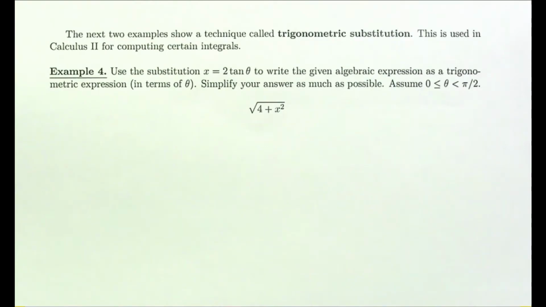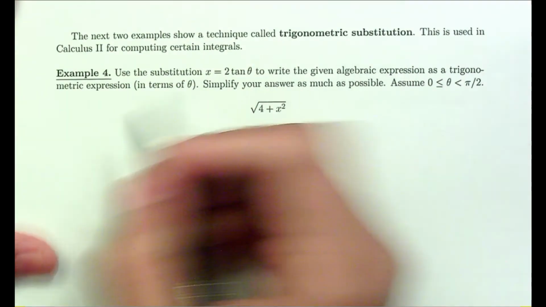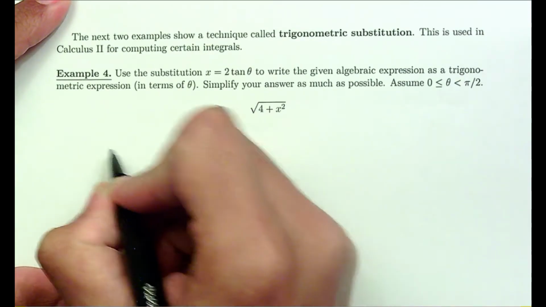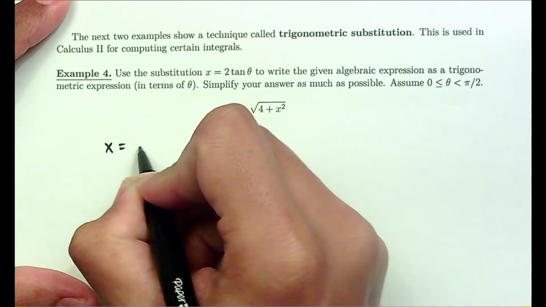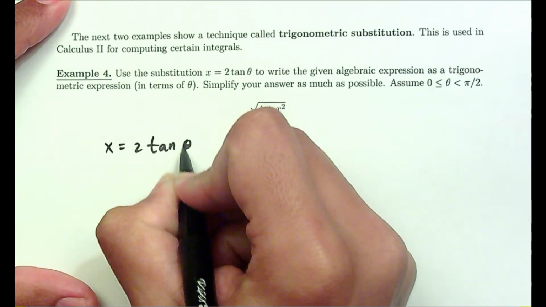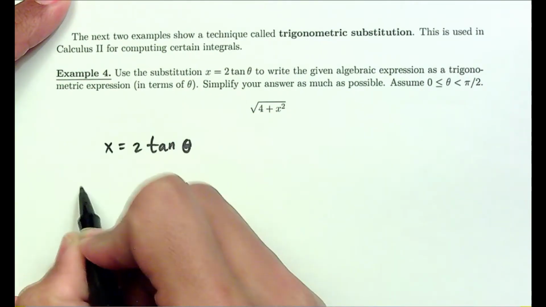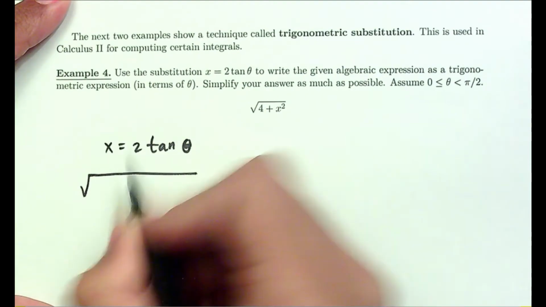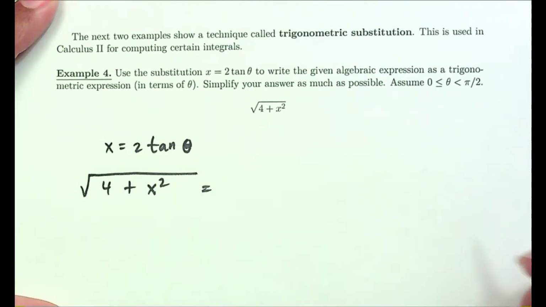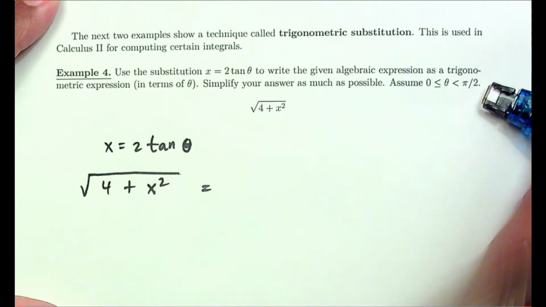All right, so let's just do it. This is actually not hard. So what do you get? x equals 2 tangent of theta is what they're telling us. So we're going to replace the x with 2 tangent of theta.